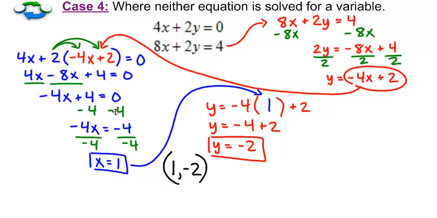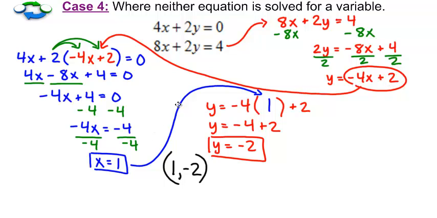We subtract 4 from both sides, leaving us with negative 4x equals negative 4. And if we finish our equation by dividing by negative 4, we get x equals 1, because anything divided by itself is just 1.